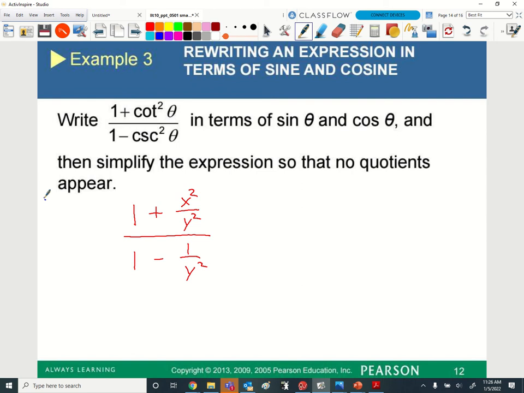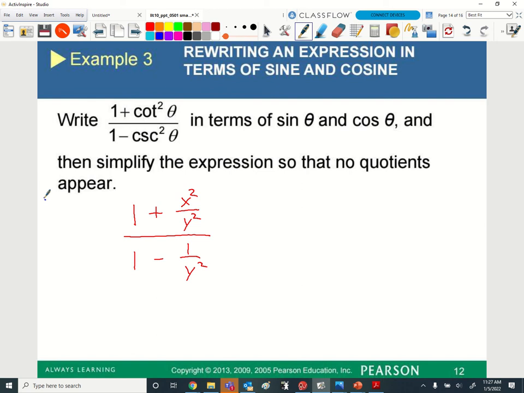We have a fraction over a fraction here, right? Since we have 2 terms on the top and 2 terms on the bottom, we can get rid of the complicated fractions by multiplying by the common denominator of everything. Common means together.